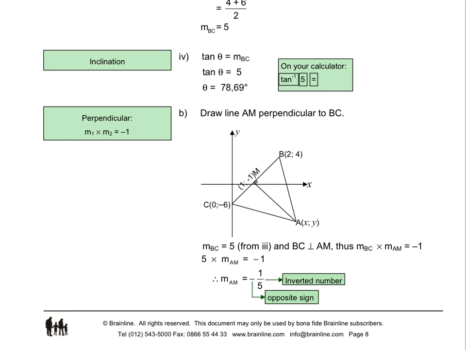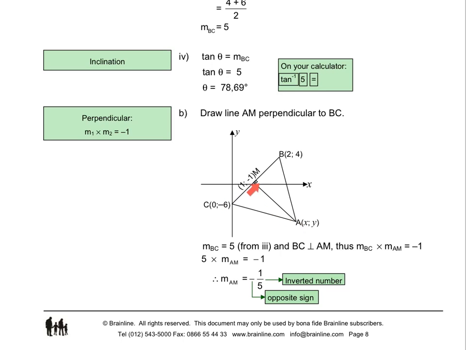Now, knowing the gradient of BC, we can say that tan theta is equal to the gradient of BC, which is 5. To work out the reference angle, we press Shift tan of 5 in the bracket, and that gives us theta equal to 78,69 degrees.